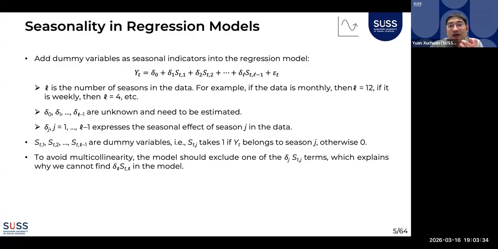When you know the length of your seasons, say you have L seasons, you will have L minus one dummy variables, and you use these dummy variables in a linear regression function to model the seasonality in your data.